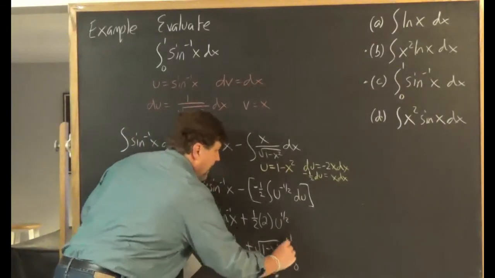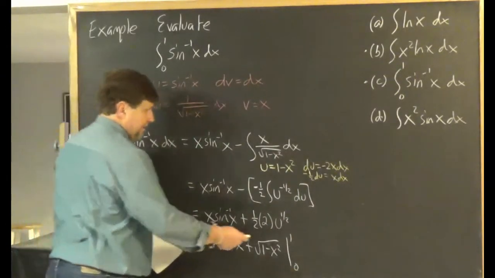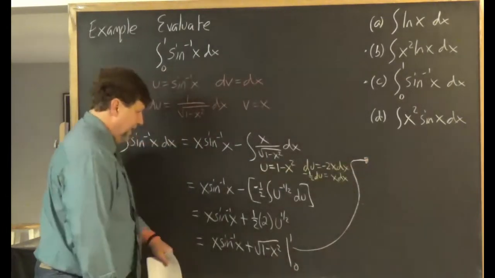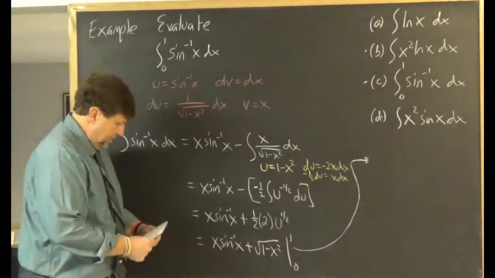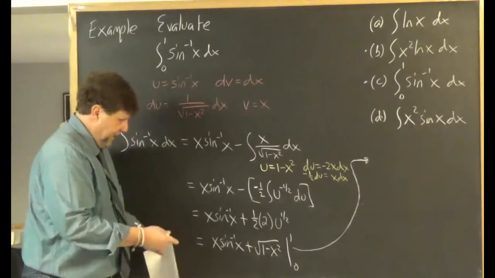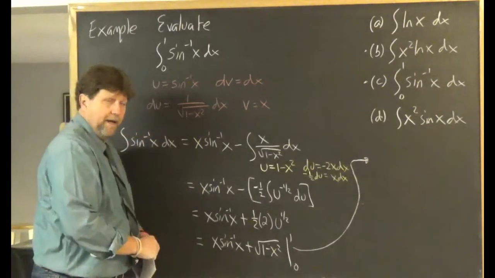And now I bring back the limits of integration. I told you I would at the very end. So there's bringing back the limits of integration, and let me pull it up here to evaluate. Let's see, put 1 in for the x first. So you have 1 times inverse sine of 1.